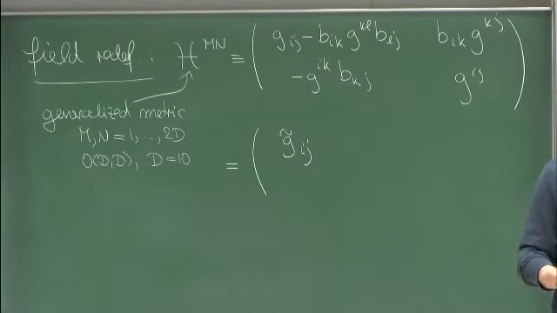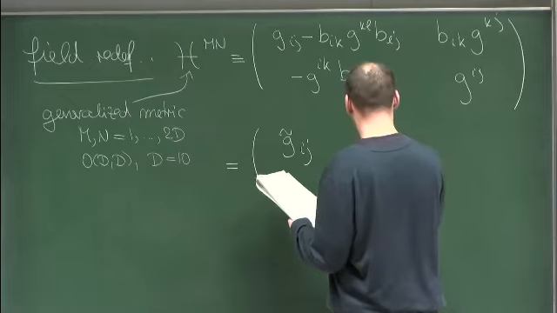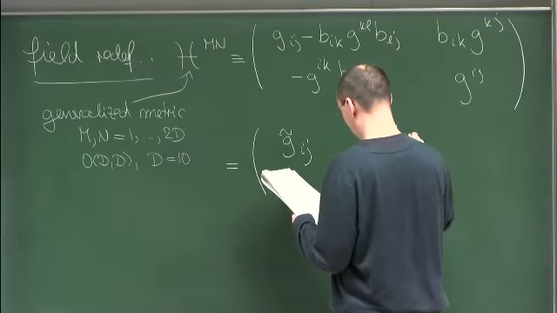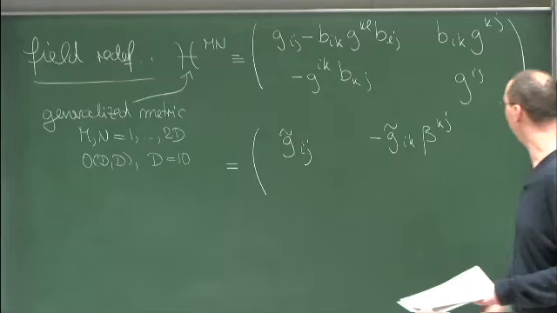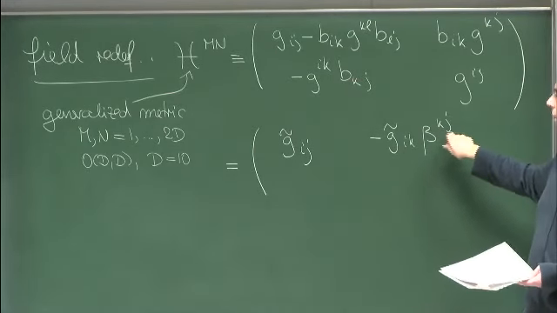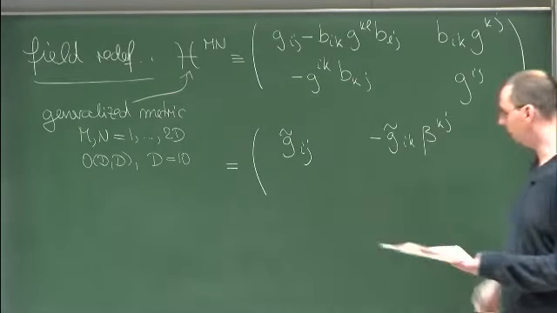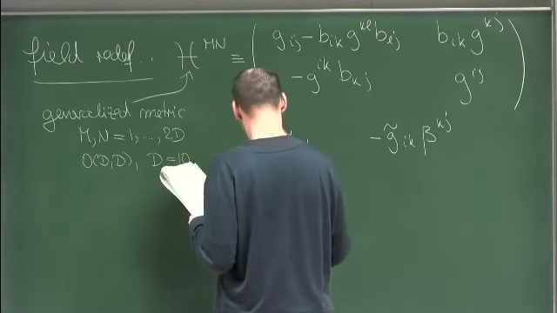So metric and B field mix now in this field redefinition. And you have the following components. Now you have a G tilde, and you see now you have a beta instead of a B with upper indices. So it's still an antisymmetric tensor, but it has upper rather than lower indices. And that will play a role in a moment.